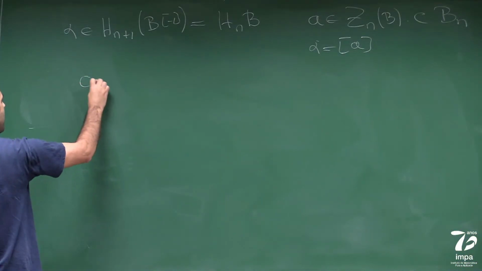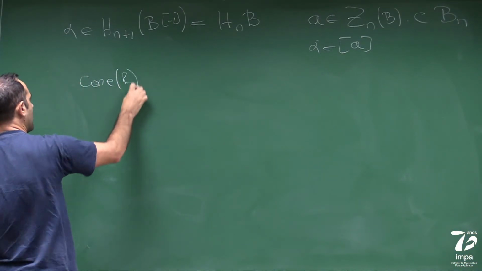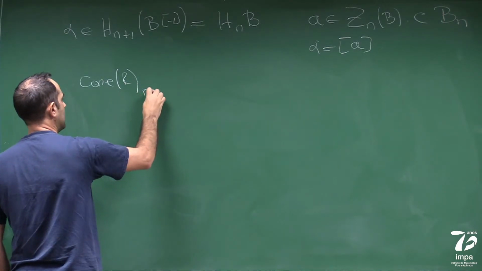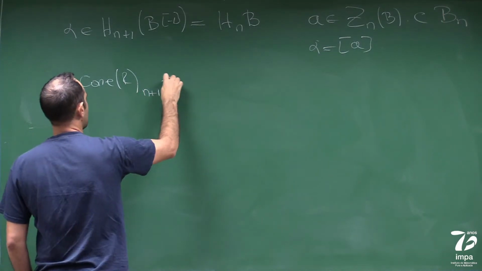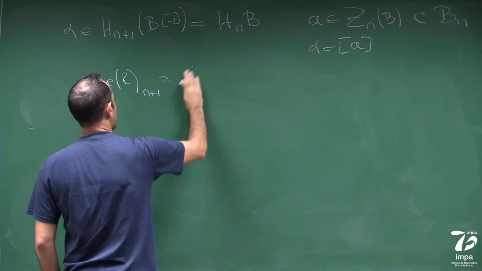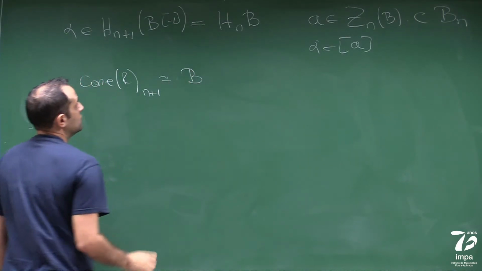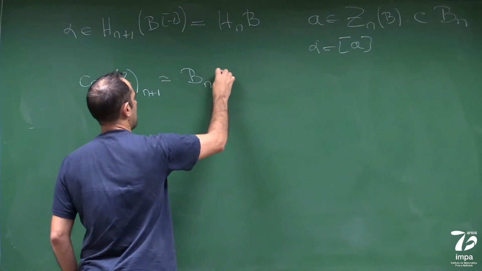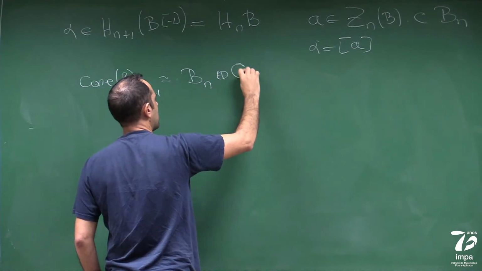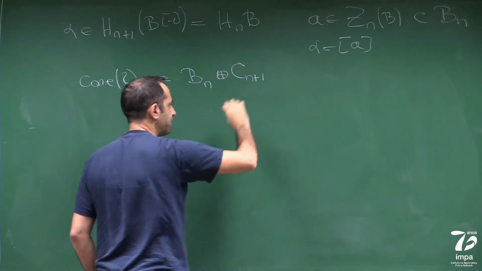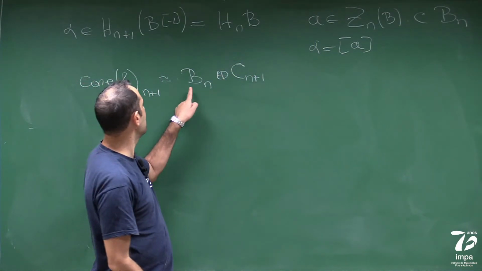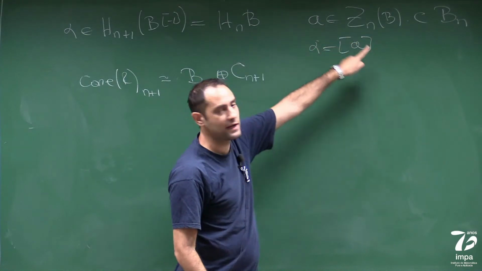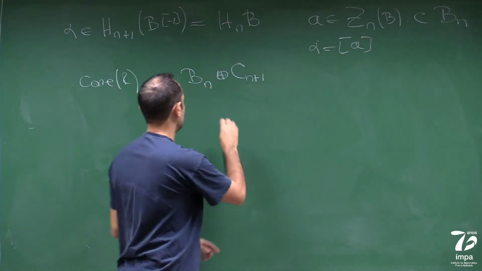Well, the cone of F in degree n plus 1 is B shifted by minus 1 in degree n plus 1, which is Bn, plus C n minus 1, n plus 1. So I'm looking for an element here that represents that A that is in Bn. So it has to be A.